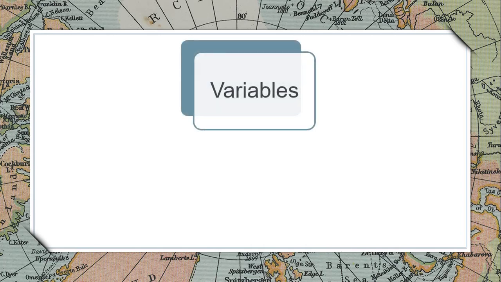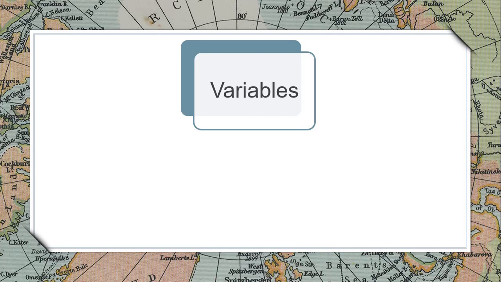Now, moving on to the next one, which is variables. Variables in sociolinguistics means the things that you can analyze, the things that you can see to make your analysis more complex and more thorough.